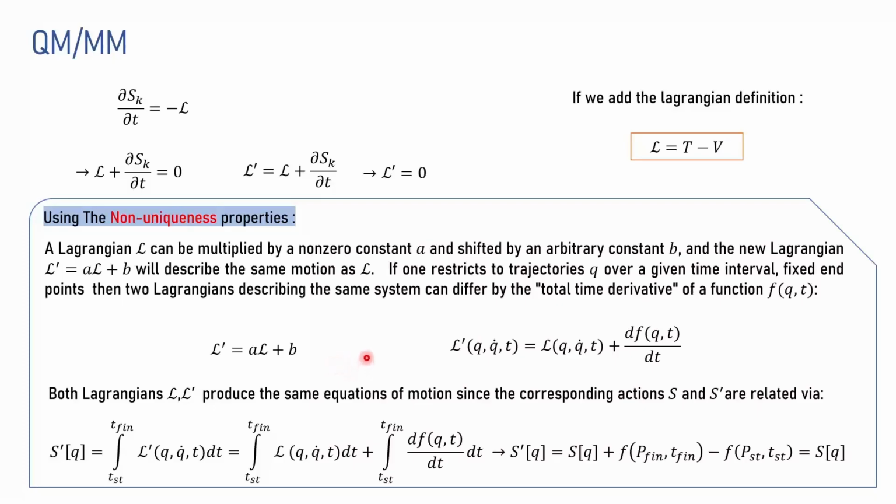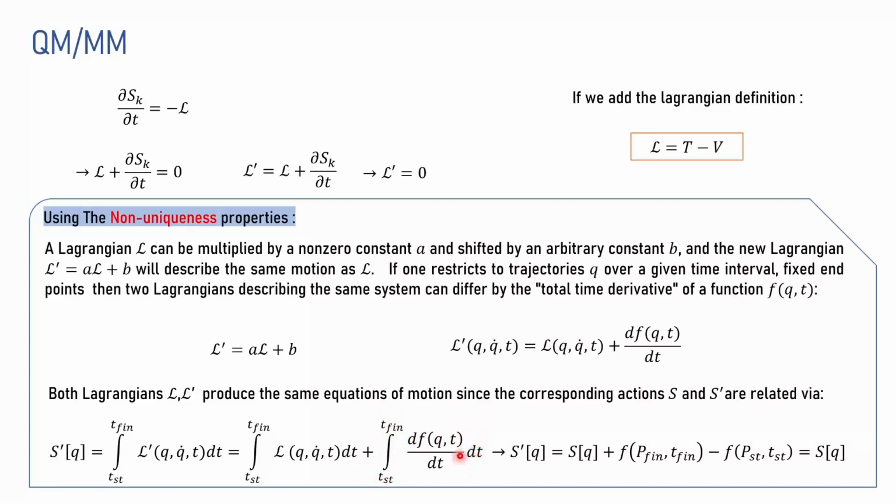We can test this property like this. We said that both Lagrangians L and L prime provide the same equation of motion, since the corresponding actions S and S prime are related by this equation. If we write S prime of q equal to the integral of L prime dt, and substitute what L prime is from this equation, we will have the integral from the first time to the final time of L, which is S of q, plus the integral from the first time to the last time of df(q,t)/dt dt.